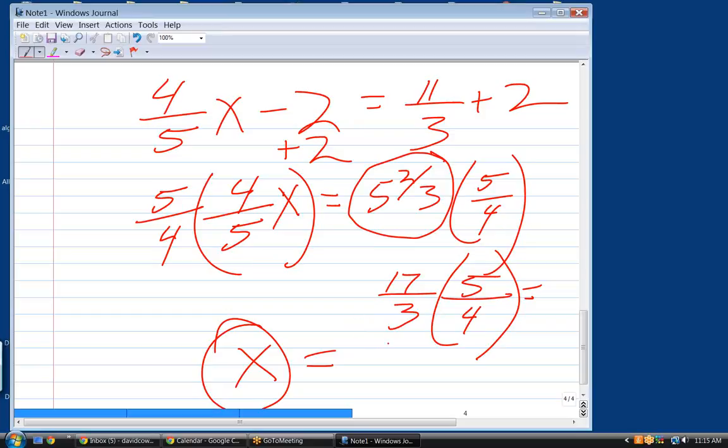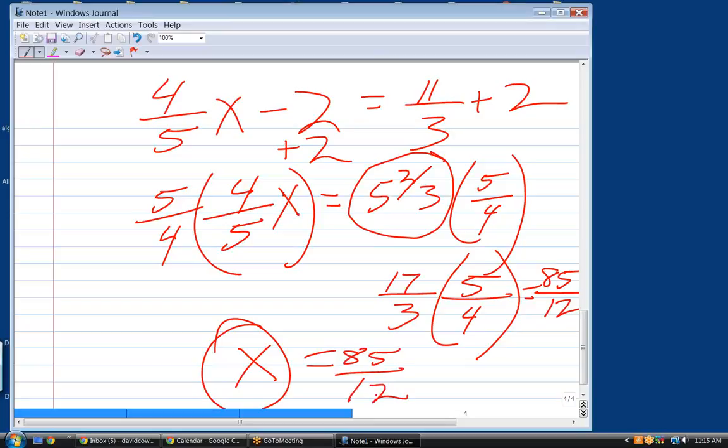Can I cancel anything out before I attempt this multiplication? No, you can't. So, go ahead and multiply the numerator on a calculator. That's 85. What's the denominator in your head? 3 times 4? 12.